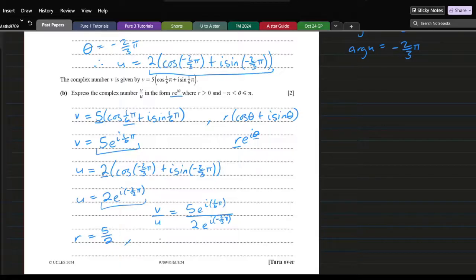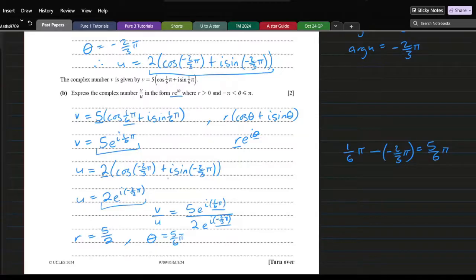To get our angle theta, we can tell that these two are powers, and if we've got two powers dividing each other, we can subtract them. So that becomes 1/6 pi minus negative 2/3 pi. This is just using laws of indices. So this becomes 1/6 pi plus 2/3 pi, and that gives us 5/6 pi. So theta is 5/6 pi.